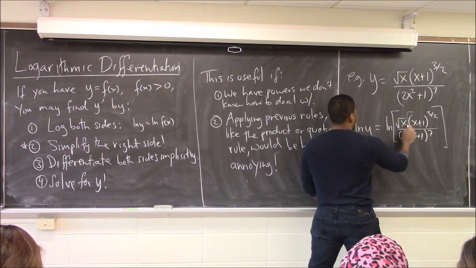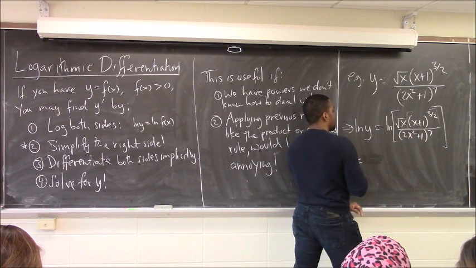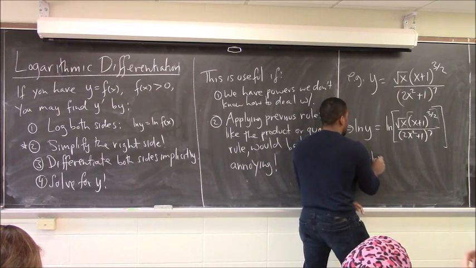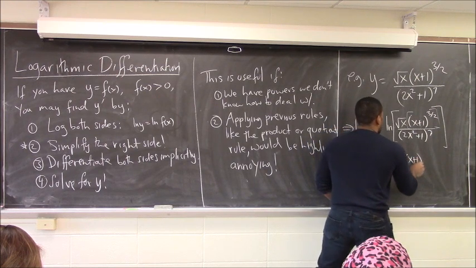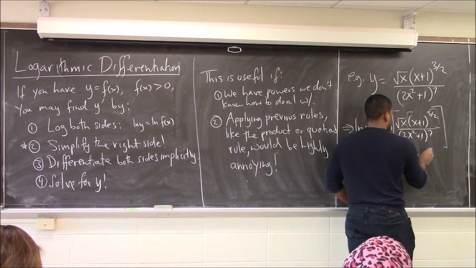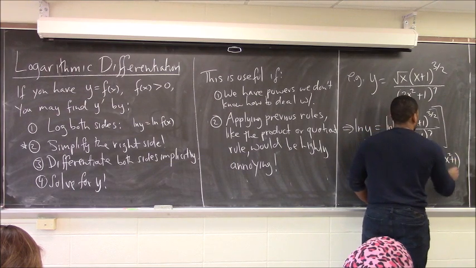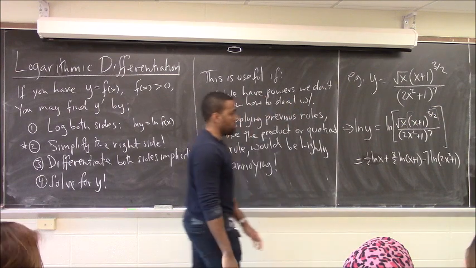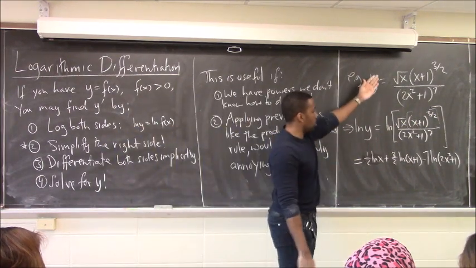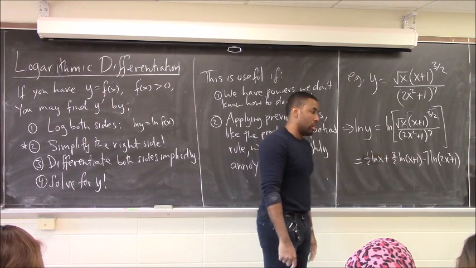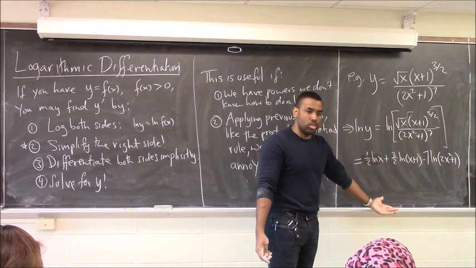This 3 over 2 is only applied to here. Would be 1/2 ln x plus 3 over 2 ln x plus 1 minus 7 ln x squared plus 1. That's what the right side would become. Now sure, I had one term, it's now split into 3 terms, but look at these individual terms. Those are super easy to find derivatives of.